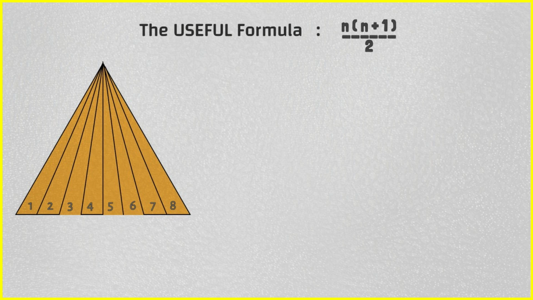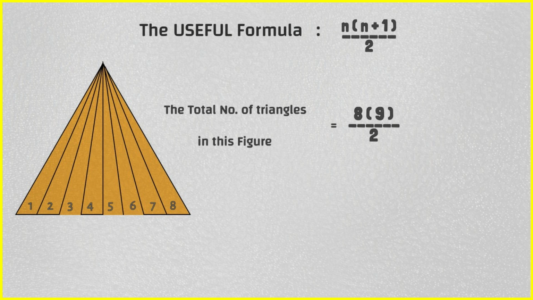So if we use this formula in our current figure, where we can see 8 smaller triangles on the base of the biggest triangle, we can easily calculate the total number of triangles in this figure as 8 into 8 plus 1, which is 9, whole divided by 2, which gives us the total number of triangles to be 36.